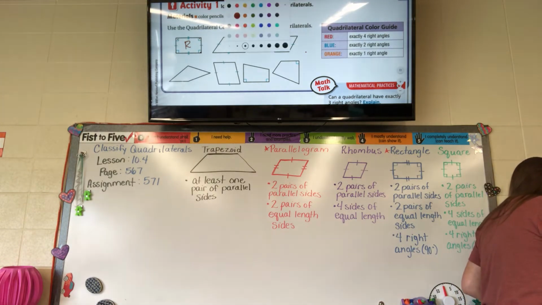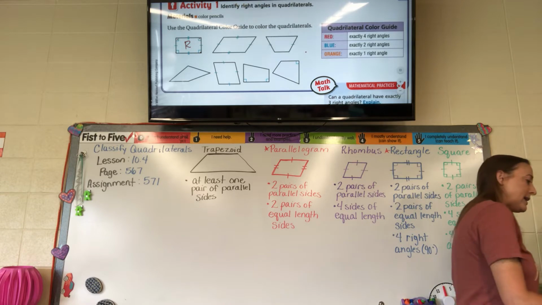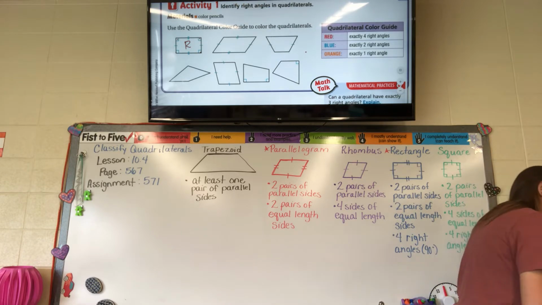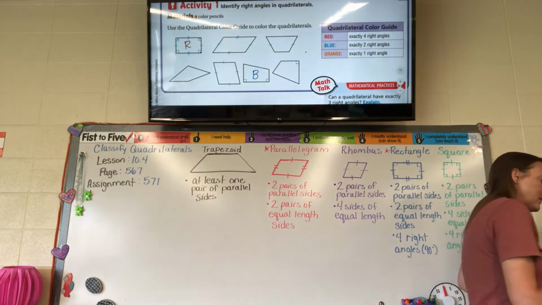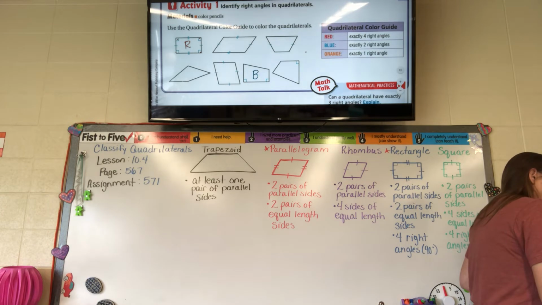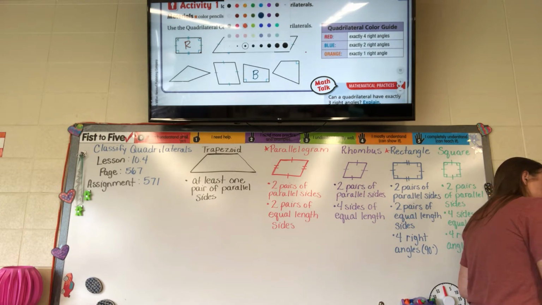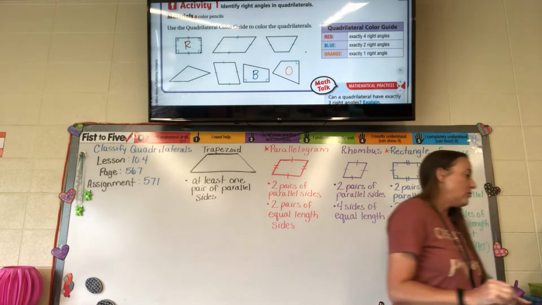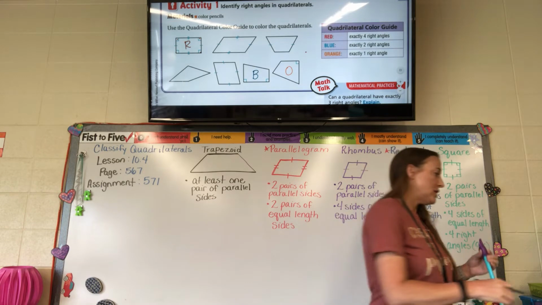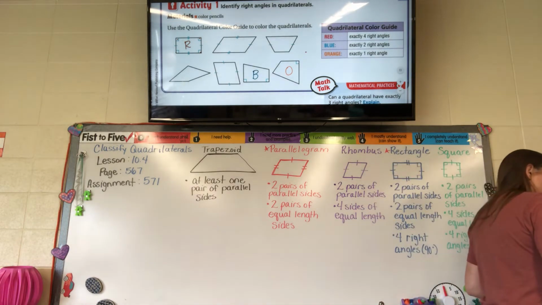Then we have blue. It has exactly 2 right angles. So this one is going to be blue. I see that that one has 2 right angles. And then we're going to color orange exactly 1 right angle. So if it has 1 right angle, it's going to be orange. The rest of them we don't color in. So one of each of those.